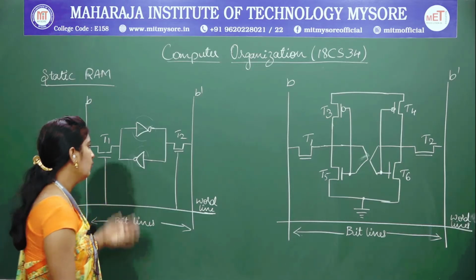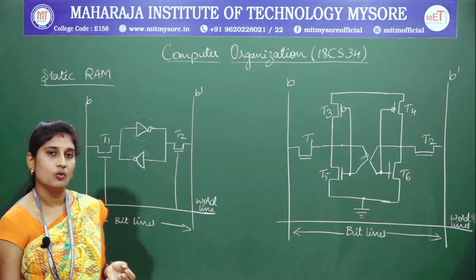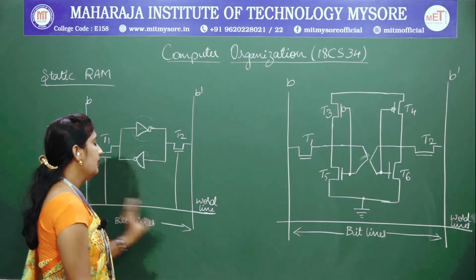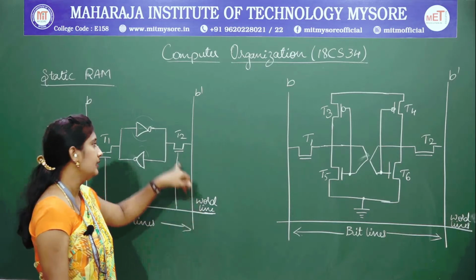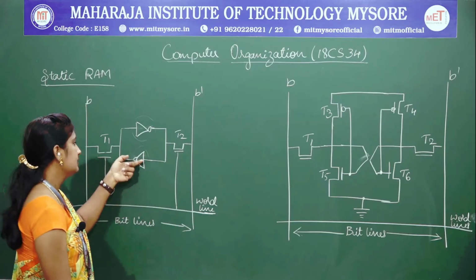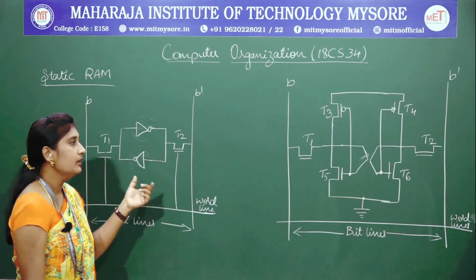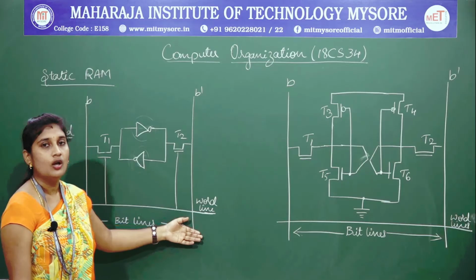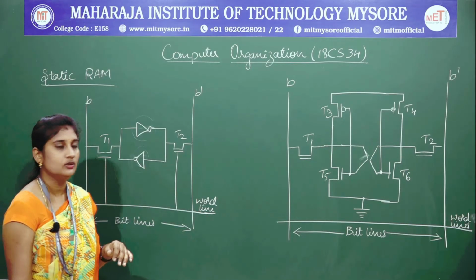Whenever you want to read the contents from your static RAM cell, the state will be at 1, and when the word line gets activated, the transistors T1 and T2 are turned on. The state present in the latch drives the bit line b high and b dash low, based on the contents which need to be sent out.